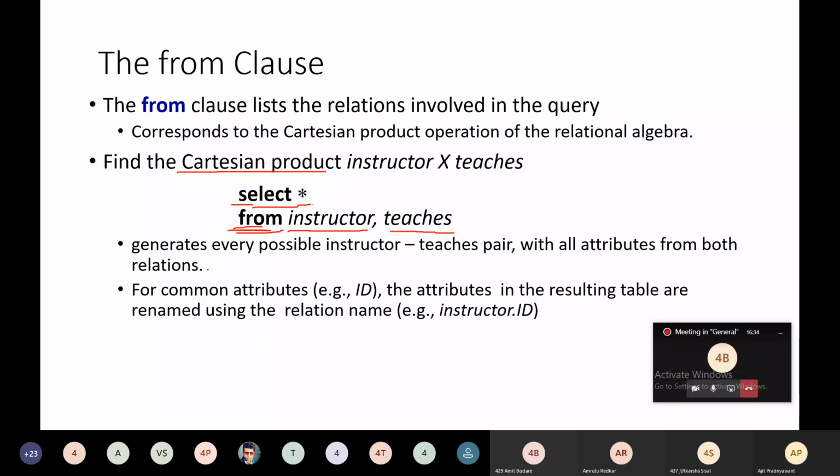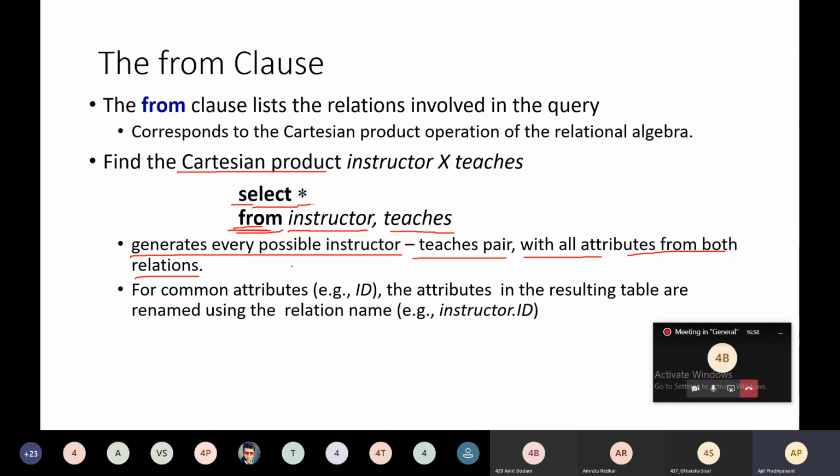So what is this Cartesian product? It generates every possible instructor-teachers pair. It will generate every possible instructor and teachers pair with all attributes from both the relations.